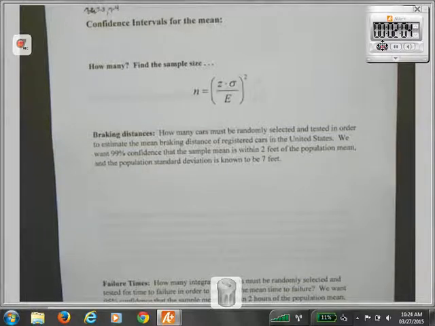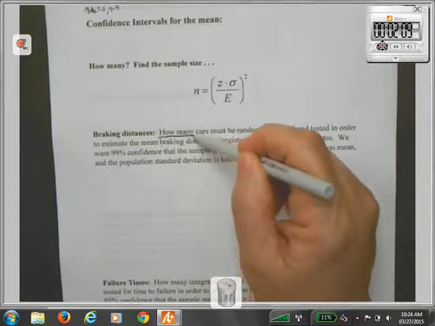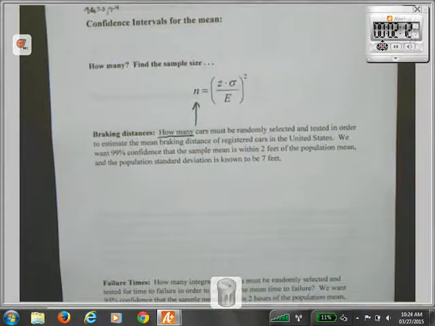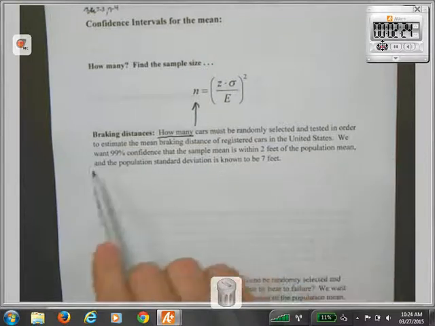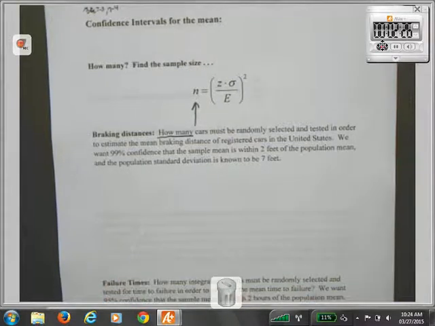All right, we need to identify some of the parts that are going on in this problem. First of all, because it starts off with a how many question, we know we're doing that formula with N. So we're solving for N this time. Then we need to get all of these variables filled out. So as we're reading along, we know that we want a 99% confidence level.